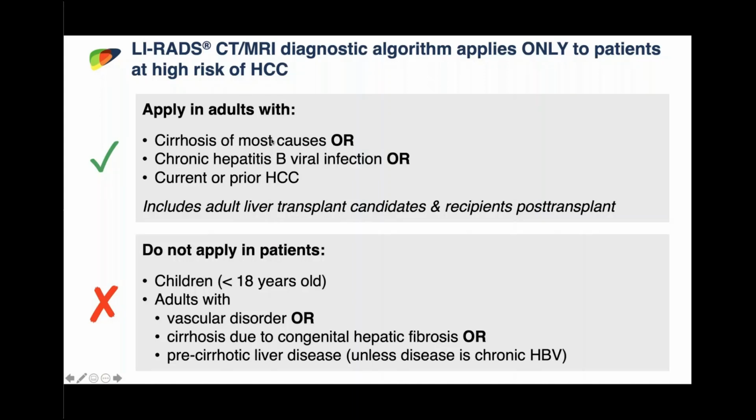So cirrhosis of most causes. In addition, it can apply to patients with chronic hepatitis B viral infection, even if they don't have cirrhosis. And finally, it can apply to patients who, for whatever reason, even though they have no apparent risk factors, happen to have now or in the past hepatocellular carcinoma.